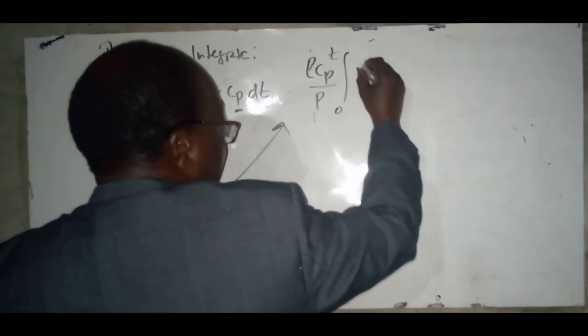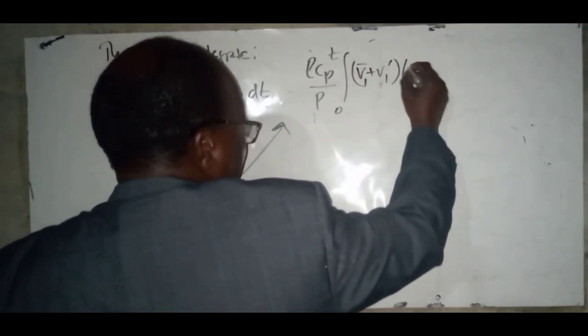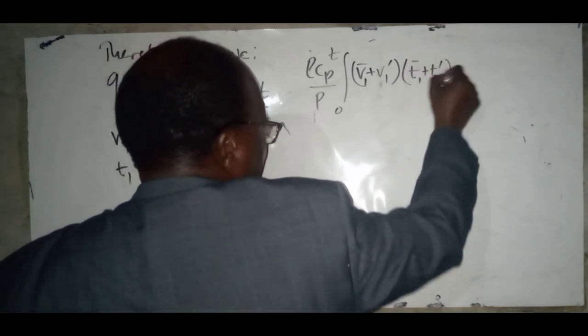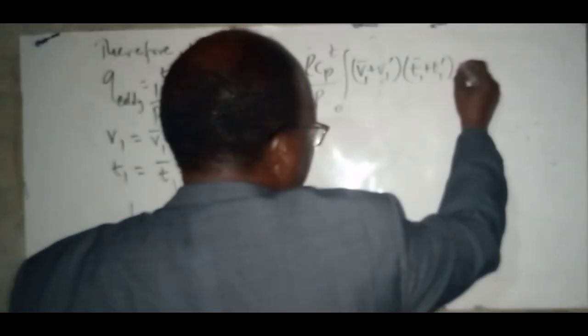So we have V1 bar plus V1 prime, and T1 bar plus T1 prime, dt.